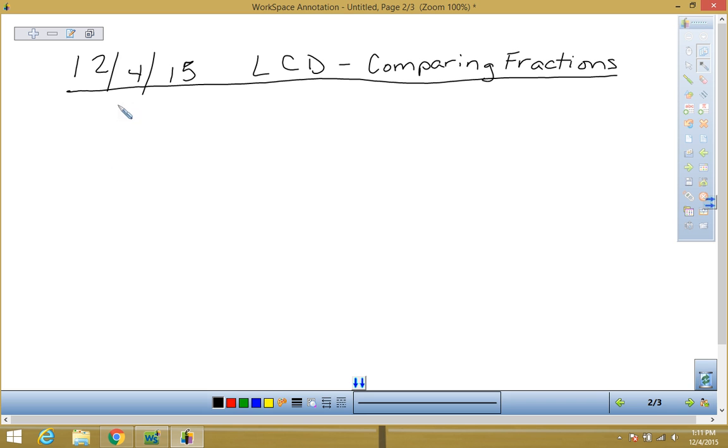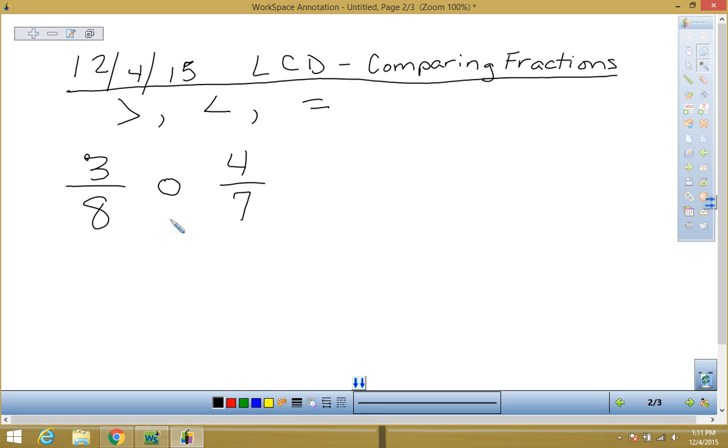For all of these we're going to be looking at greater than, less than, or equal to. So let's look at the first set of fractions. This is what it's going to look like in your book. You're going to be given 2 fractions, and it's going to have kind of this grayed out circle in the center. And I'll tell you to compare the fractions.